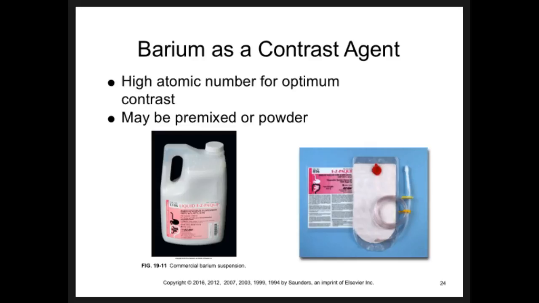When the bag is all mixed up with the water, you can pinch on the tube until the little red ball releases out of the tube, and then the ball just floats to the top of the barium. That way you'll be able to fill the tube with barium and clamp it off, and it'll be ready for the patient. You put the tip on the end of the tube and you're ready for the patient to come in.